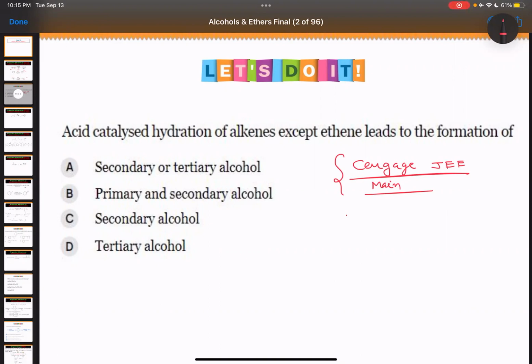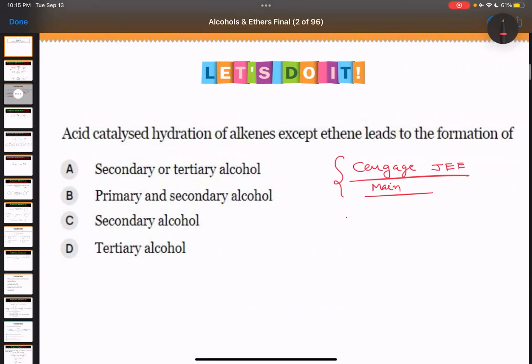Sir, if we learn for advanced, is it good enough for me? Actually, are you going for Mains or advanced? I thought about going for advanced, sir, but since there's not enough time, and even Asam sir told us it would be better if we do Mains first and then advanced. Better go for Mains first.